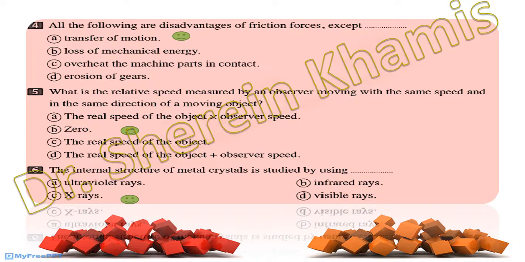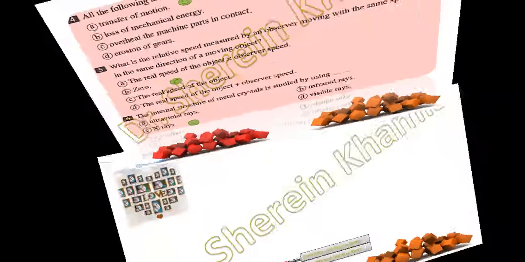With visible rays we see anything around us, but to see inside our body, inside materials, inside anything, we use X-rays. This is the last question of our exam today.